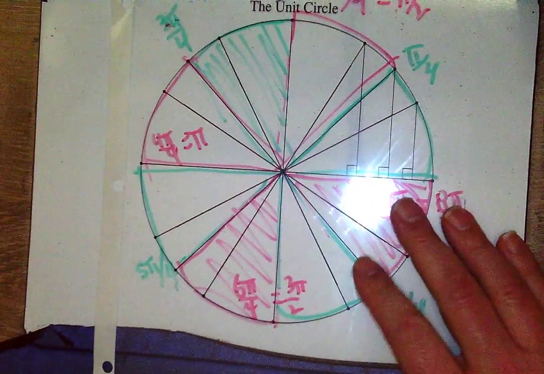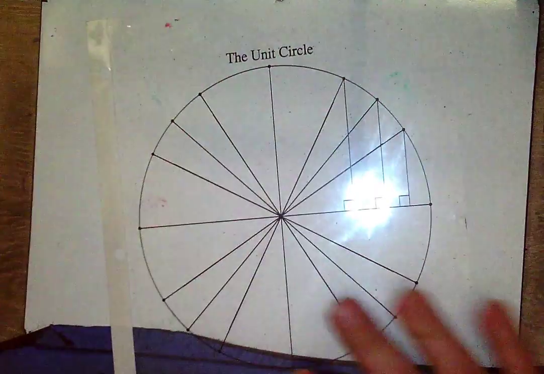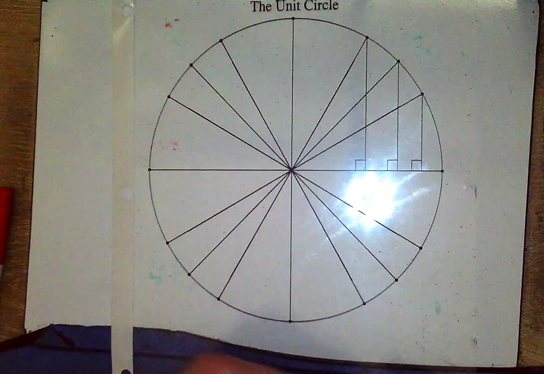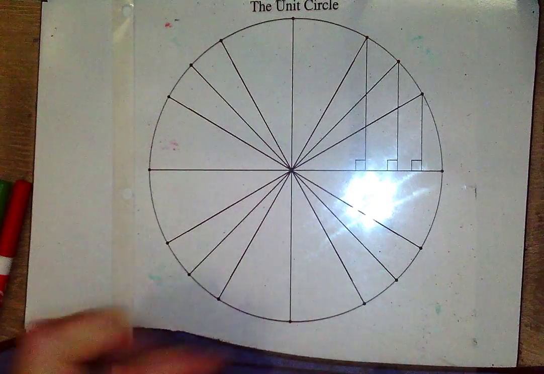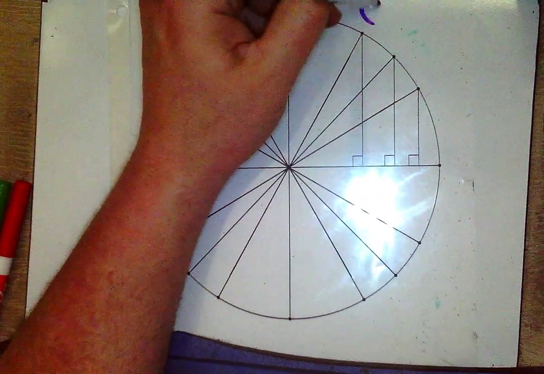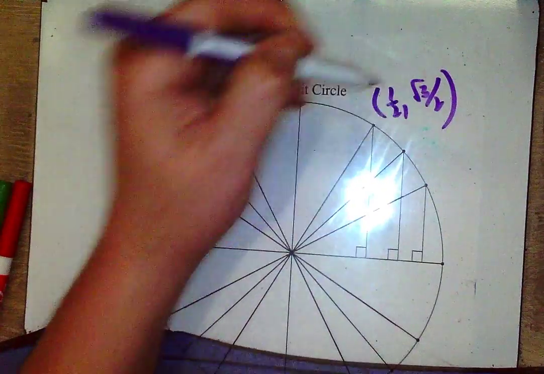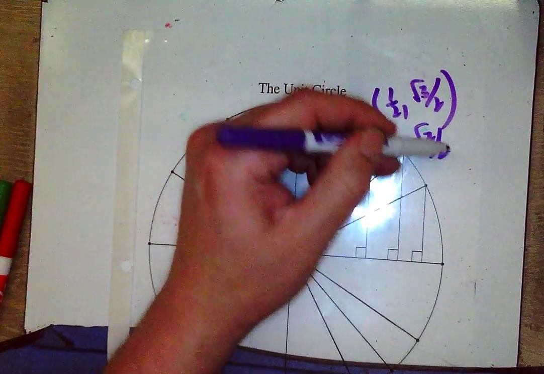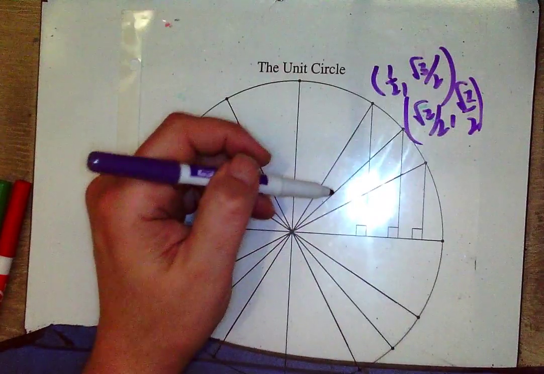Okay. So, you've got the degrees, you've got the radians. How about the ordered pairs? Well, we said that we could use our 30, 60, 90, and 45, 45, 90 to help us figure out that this was 1/2, root 3 over 2. This is root 2 over 2, comma, root 2 over 2, because the x's and y's are the same.